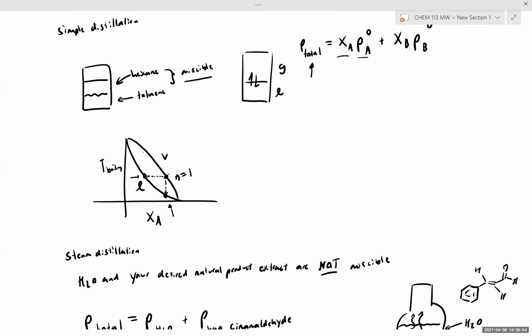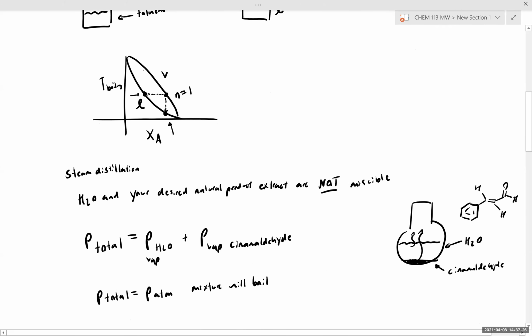The same way, through multiple distillations, we're able to enrich our distillate in either hexanes or toluene. Does that idea make sense? When the two mixture components are miscible, the vapor phase composition depends on the vapor pressure and the mole fraction of each component in solution.